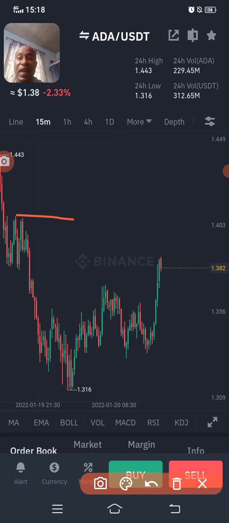That is where its target is. So on that note, you can be a what? A seller once you get to that place. So we should allow this 15 minutes chart to finish so that you know whether you will enter market again or not.